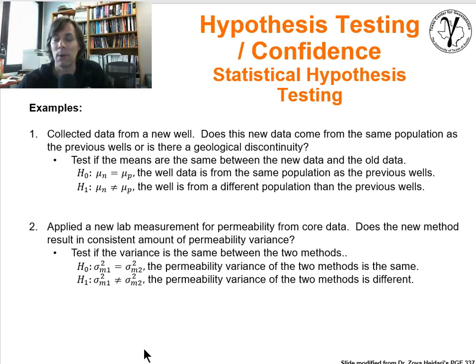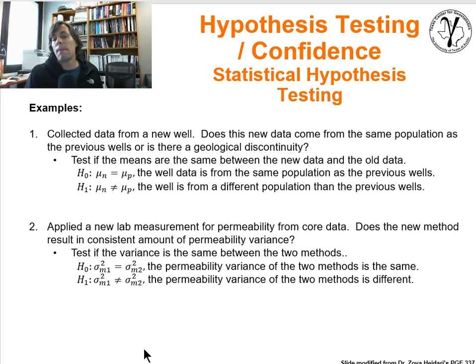It's distinctly different. So you want to test if the means are the same with the new data versus the old data. The null hypothesis is that the new population mean is equal to the previous population mean. The alternative hypothesis is that the means are unequal to each other.